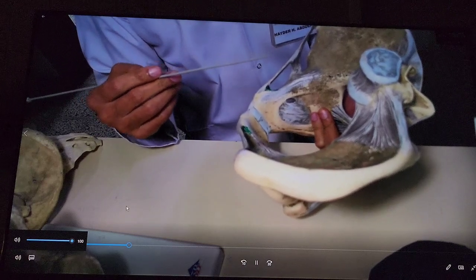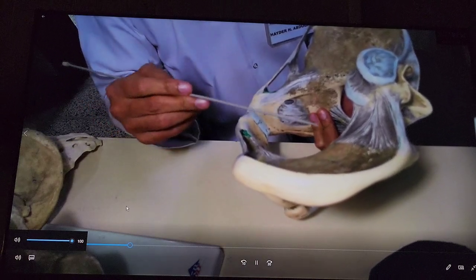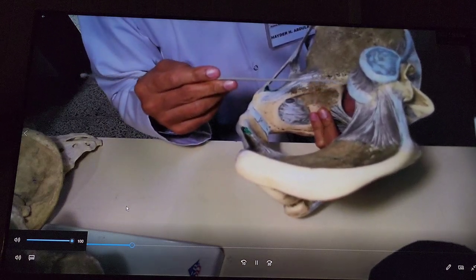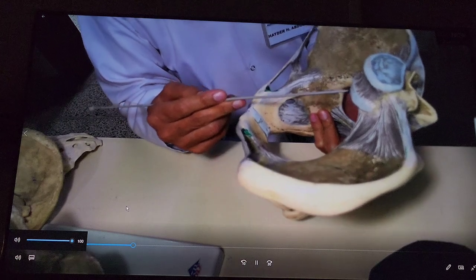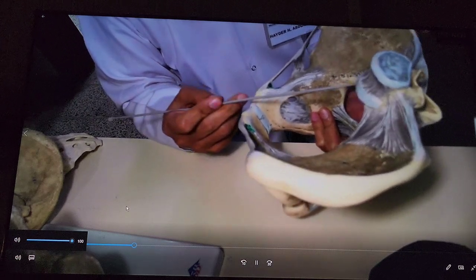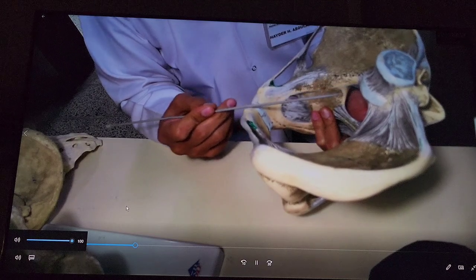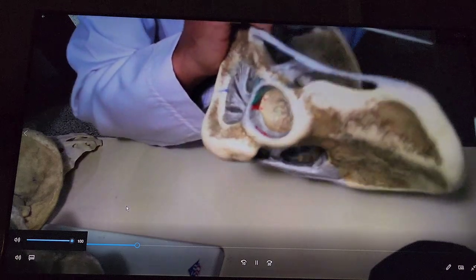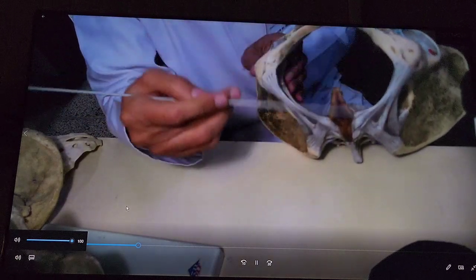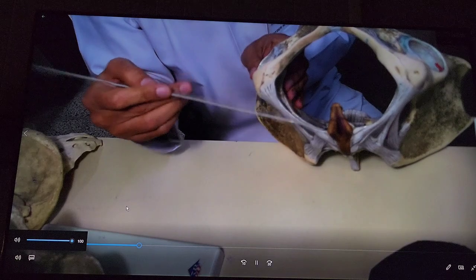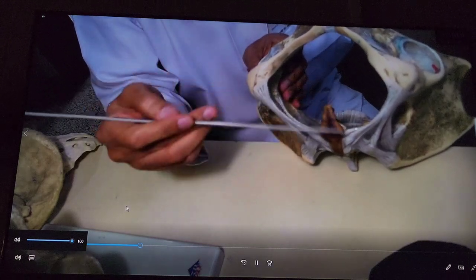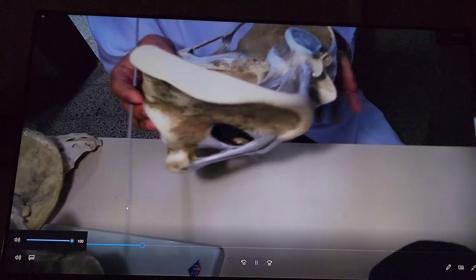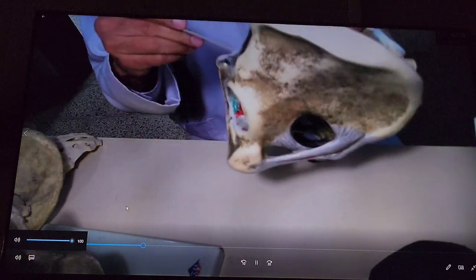The false pelvis is demarcated by the pelvic inlet, which is demarcated by the superior pelvic aperture, while the pelvic outlet is demarcated by the inferior pelvic aperture.